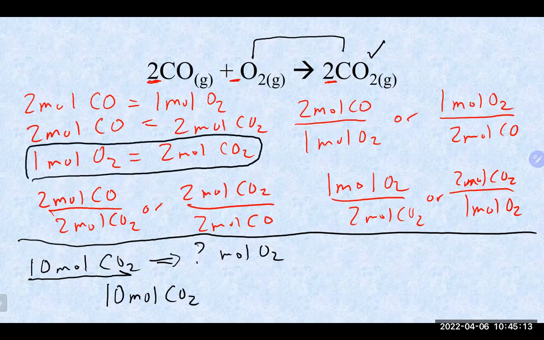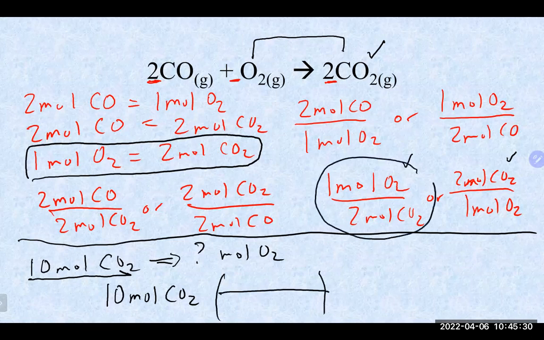From that, we have these 2 conversion factors. In this case, we want to get rid of CO2, which means the CO2 needs to go on the bottom, so we would use the one here on the left.